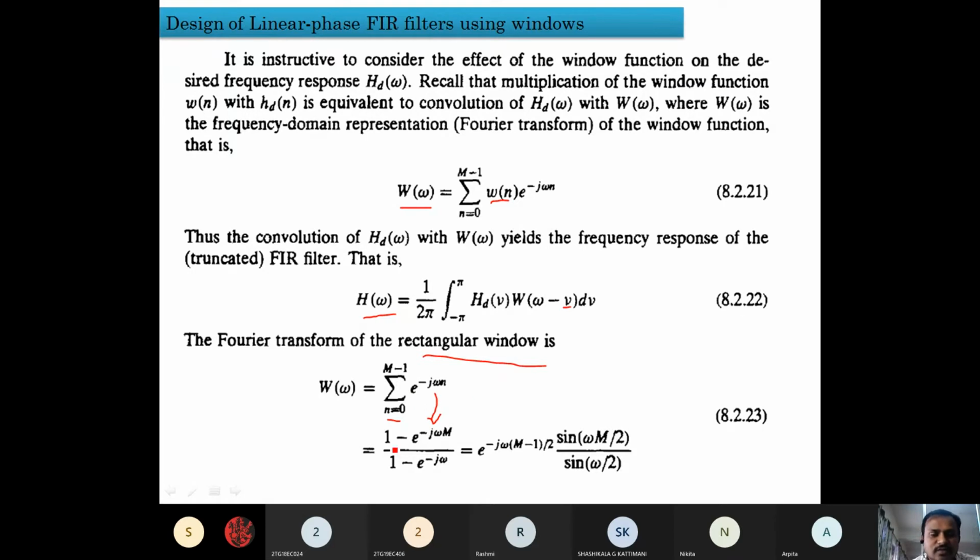It is given by 1 minus e to the power minus j omega capital M divided by 1 minus e to the power minus j omega, or by another method using mathematical steps, it may be reduced to e to the power minus j omega (M minus 1) by 2 into sine omega M by 2 divided by sine of omega by 2. So these are nothing but the use of mathematical standard equations to reduce the given complex equation.